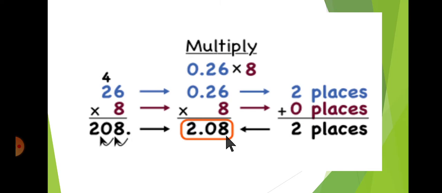From the left side of the answer you count 1 and 2, two digits, then insert the decimal. Once again, first step simple multiply, then count decimal place digits: 2 digits in the first, none in the second, so total is 2. From the left side count 2 digits, then insert the decimal.